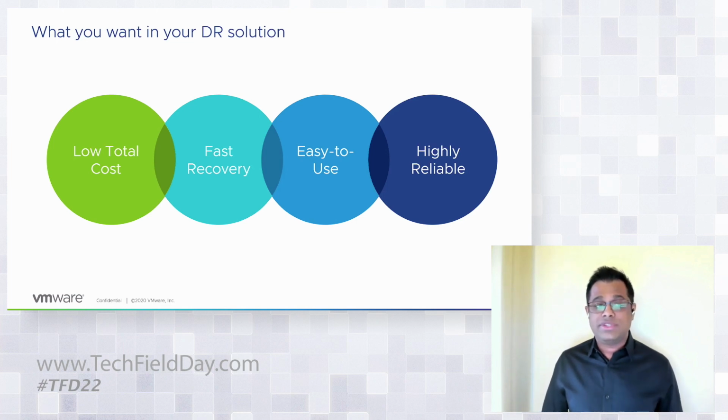The reason for this is that when you're in an outage or disaster situation, it isn't guaranteed that you'll have your DR expert or your DR admin available to execute all of this, right? So the simplicity of the ability to execute DR plans, monitor the progress, and make sure it proceeds to completion is super, super important.